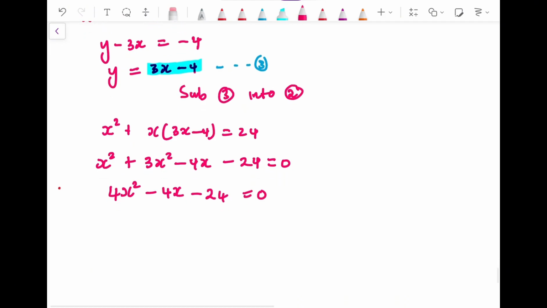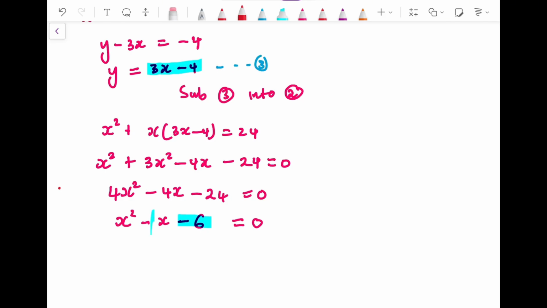Our equation can be simplified because 4 is common throughout. There is 4 in 4, there is 4 in 24. We can divide everything by 4. So if we divide everything by 4, we'll have x squared minus x minus 6. This is equal to 0. Now, we are looking for factors of 6 that we will subtract and get 1.